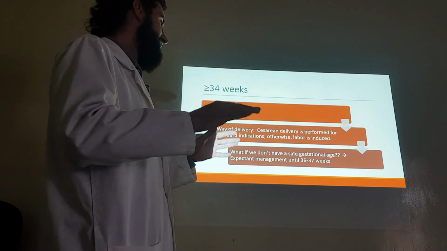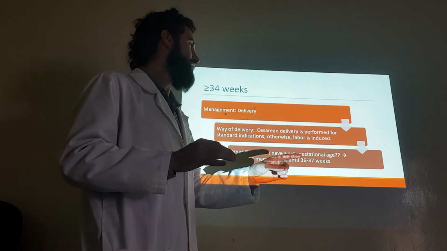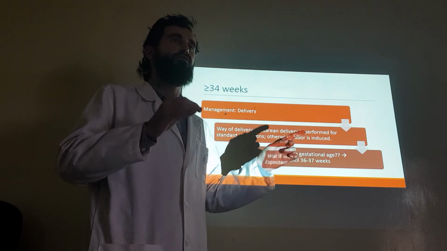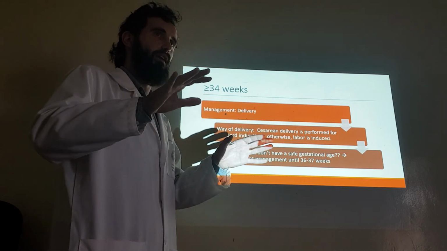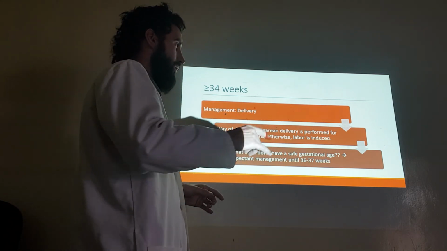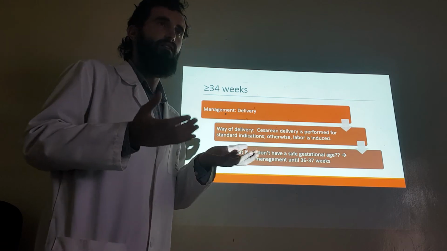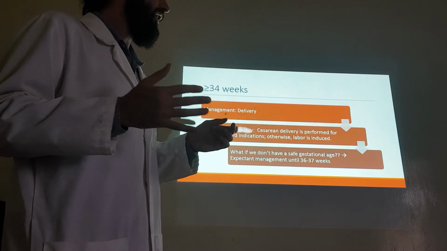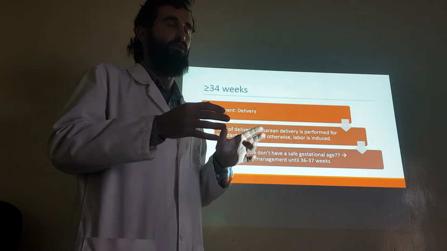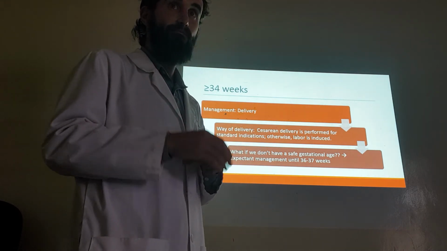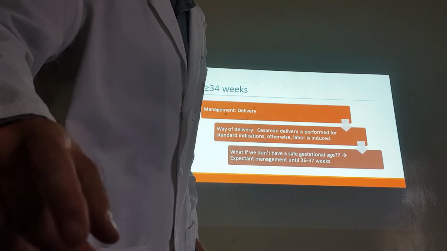We have to have expectant management until 36 to 37 weeks. Because those 3 weeks that we are uncertain about the gestational age will give us a safe period of time where we can interrupt the delivery, so during the pregnancy. Okay? Clear? Any doubt? Perfect.